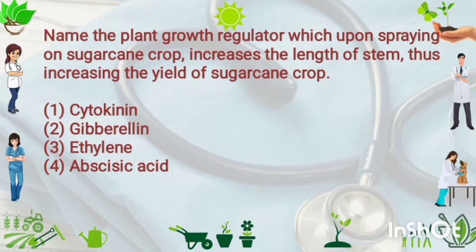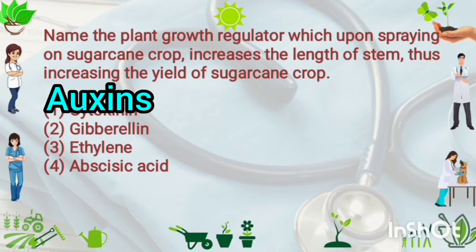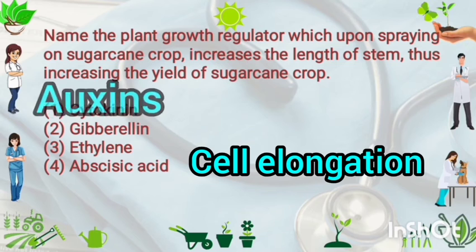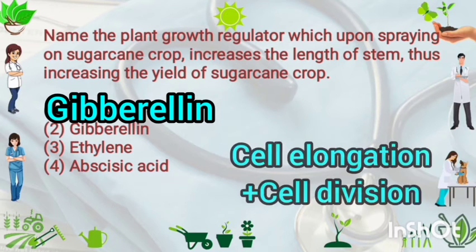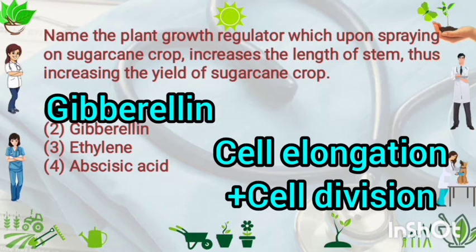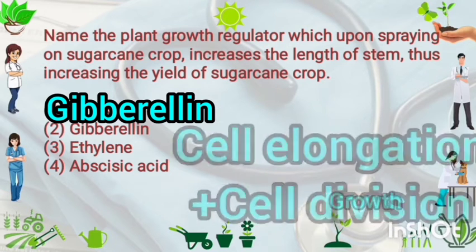Name the plant growth regulator which upon spraying on sugarcane crop increases the length of the stem, thus increasing the yield of sugarcane crop. Let's recollect one by one the plant growth regulators and their functions. Auxins are responsible for cell elongation, but it is not given in the options. Gibberellins help in cell elongation along with cell division, which can be translated as growth.